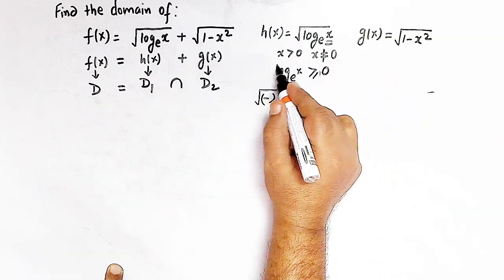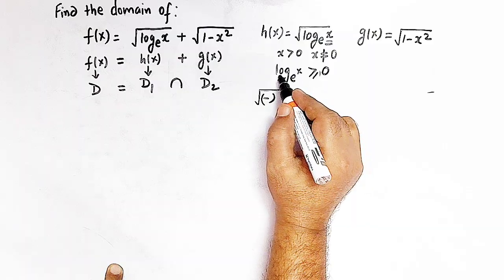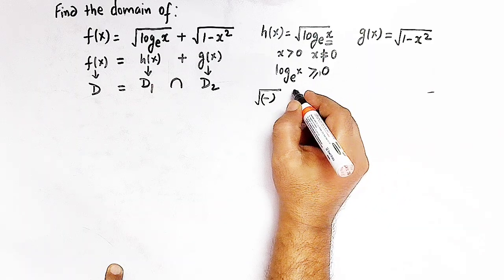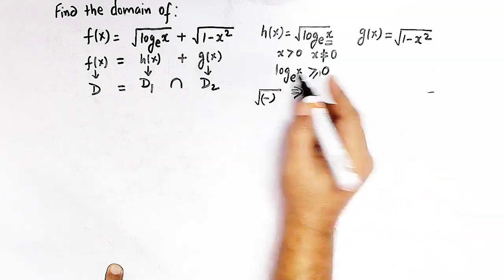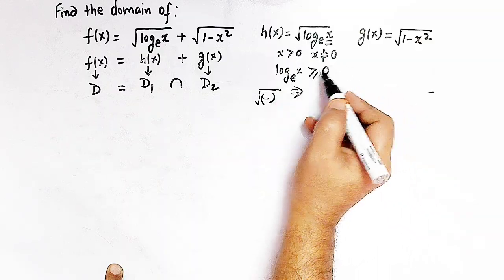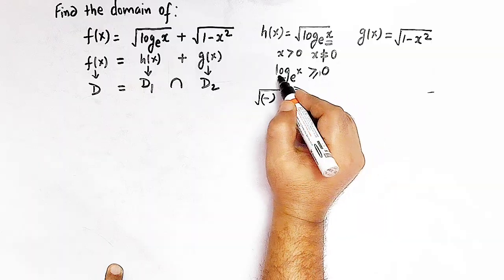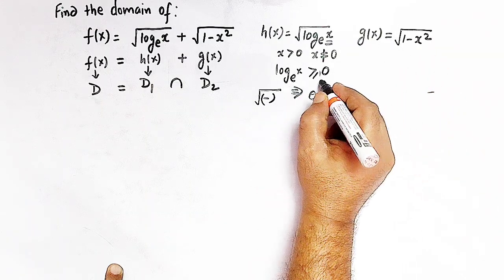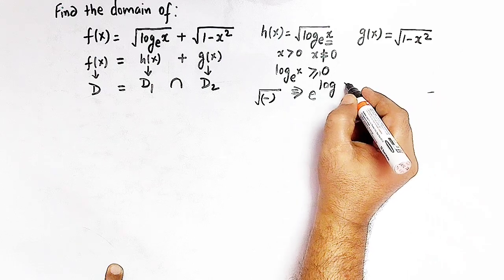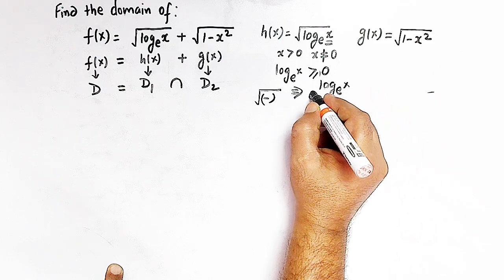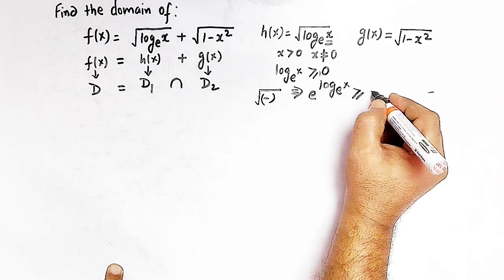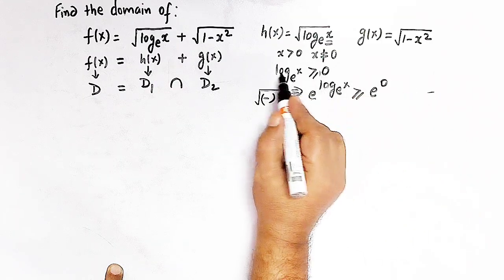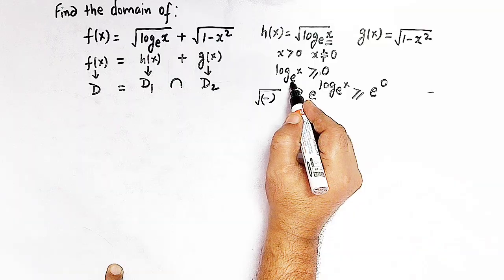So now let us solve this inequality, that is logarithm of x to the base e is greater than or equal to 0. So from here we can raise these two terms to the power of e. So we have e raised to logarithm of x to the base e, and here we have e raised to 0. So raising these two quantities to the power of e, right?